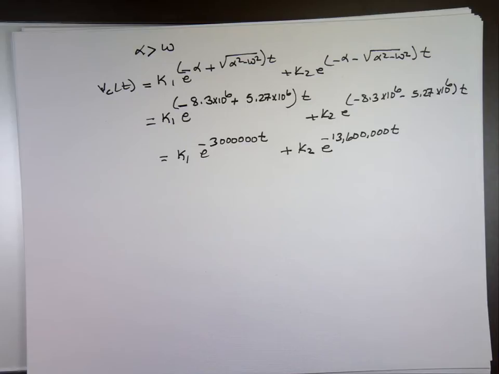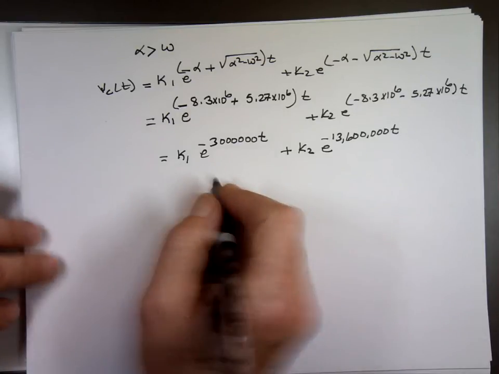Are we getting good to these numbers? I'm sure we're close to them. So now I've got to find K1 and K2.